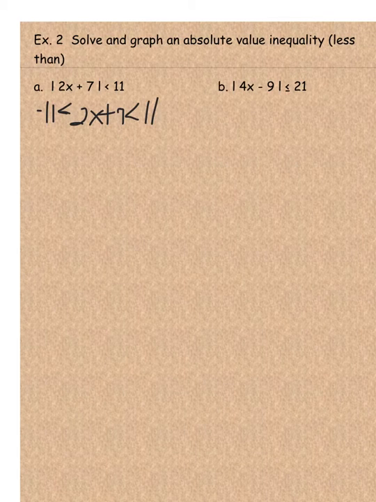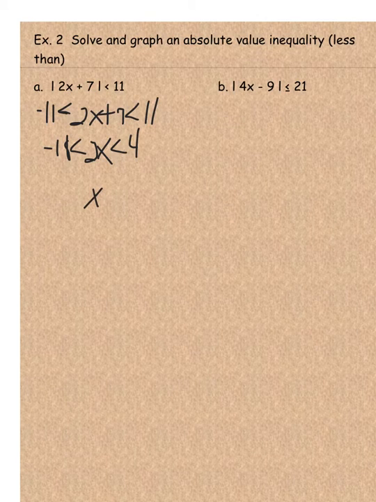We'll subtract 7 from both sides, and then we'll divide both sides by 2. And this tells me that x is less than 2, and it's greater than -9.